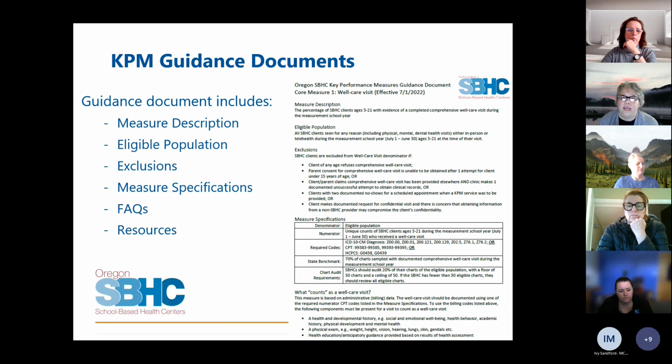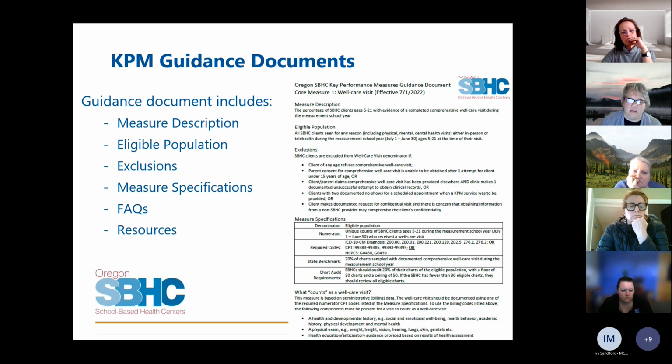Okay, so quickly, every guidance document includes a description of the measure, which talks about what the service is and who the eligible population is. You saw that table that I created that breaks down the age range. There's a little bit more than just the age range for some of our optional KPMs.